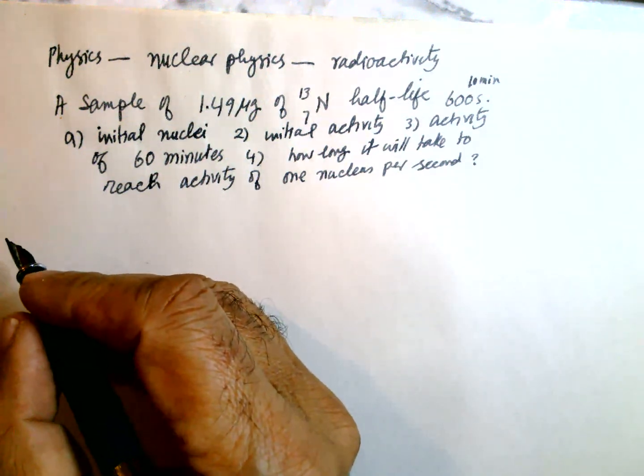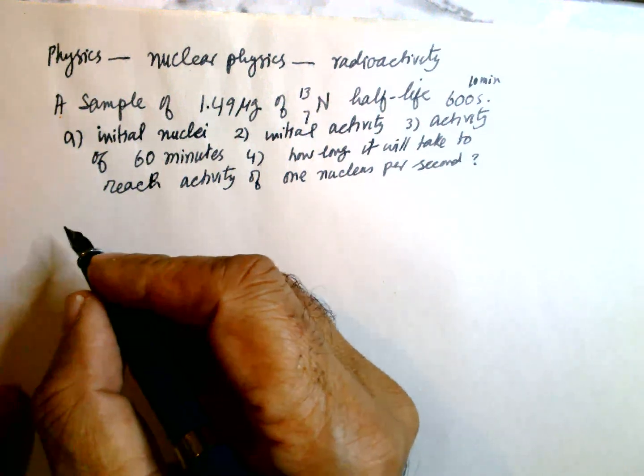So first of all, we have to find the initial number of nuclei.